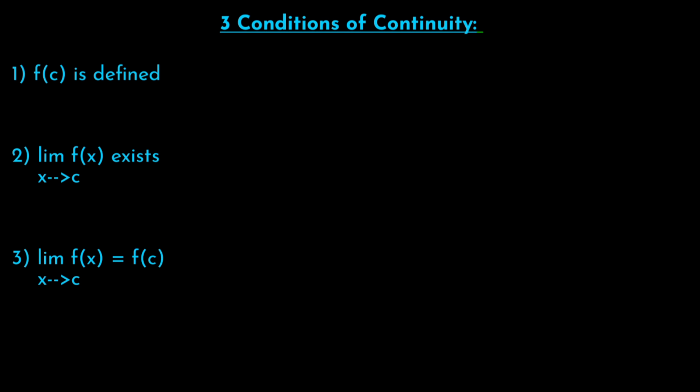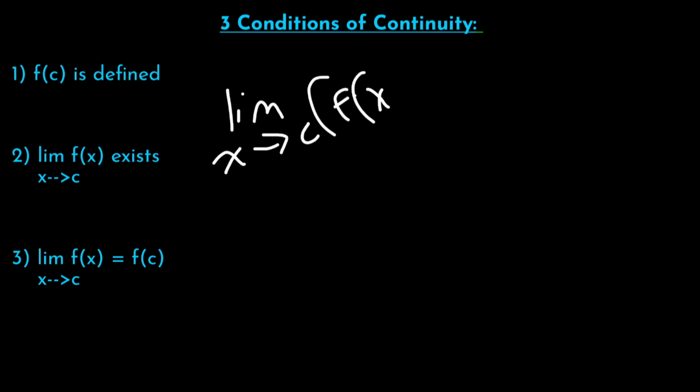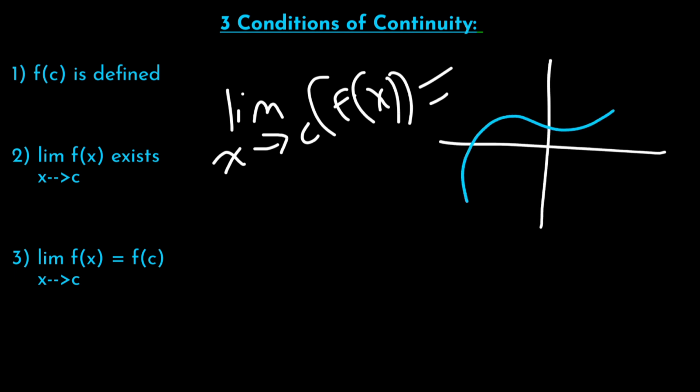Now, the second condition is a little more complex, and it states that the limit as x goes to c, a constant, of f of x exists. There just has to be some sort of limit, which means if I have a function plotted and I take any constant on the graph, there has to be a two-sided limit.